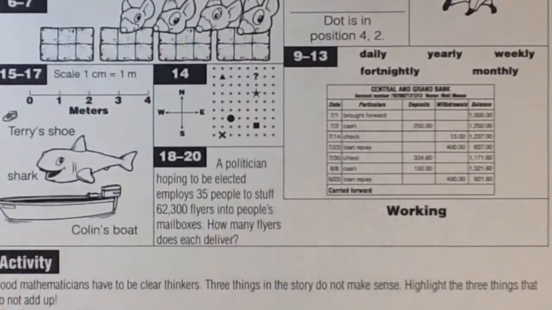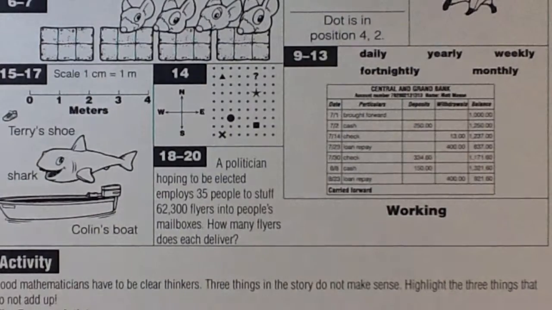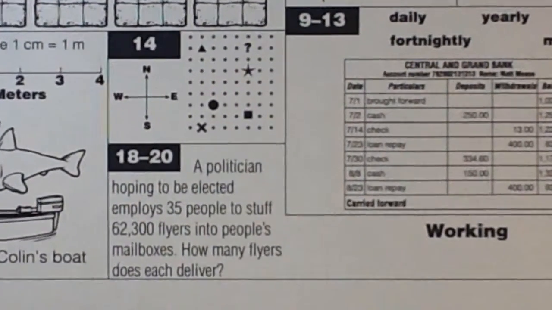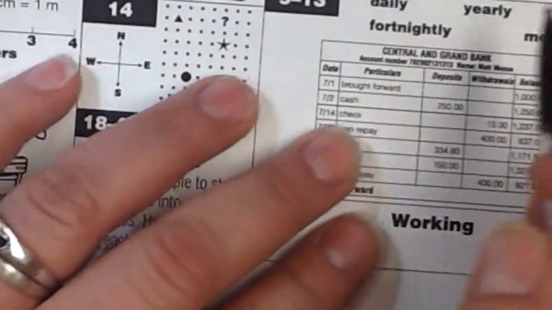Question 9. Which word on the passbook means the amount of money that is in an account after money has been either put in or taken out? And I don't even know if you can see these. Let me zoom in a little bit. So which of these words?